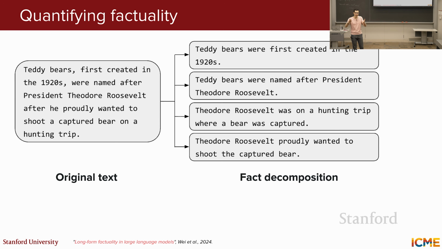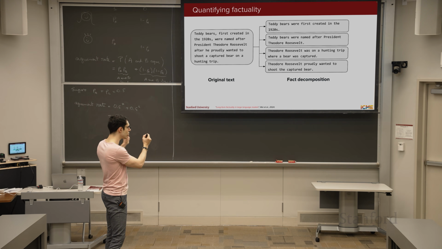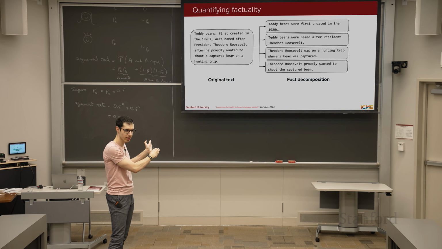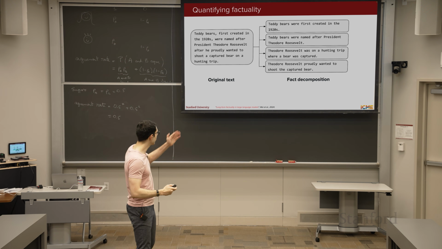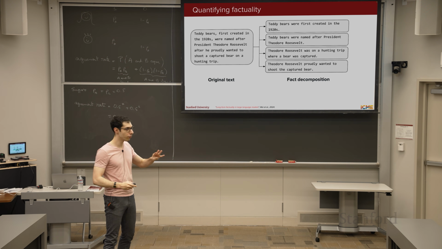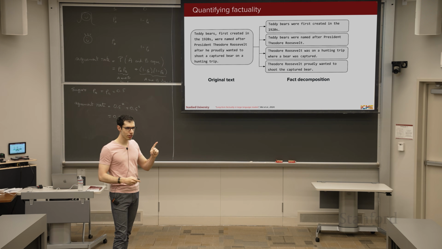And so the idea here is to aggregate the factuality of this text along the dimension of the facts that are present in this text. In this example, we would have one LLM call that transforms our original, potentially multi-sentence, multi-paragraph text into a list of facts. Here, in this example, we would have 4 facts. So that's the first step.